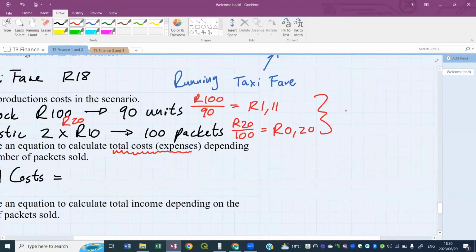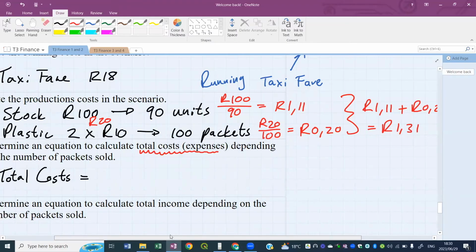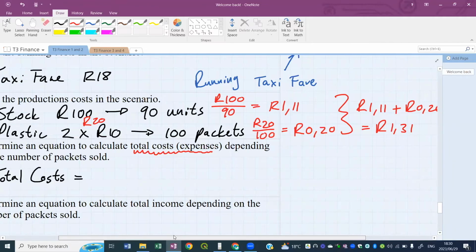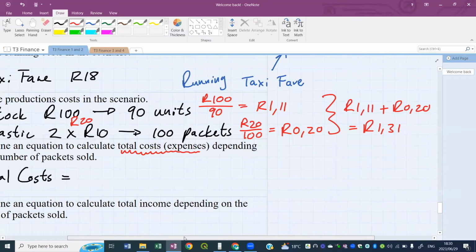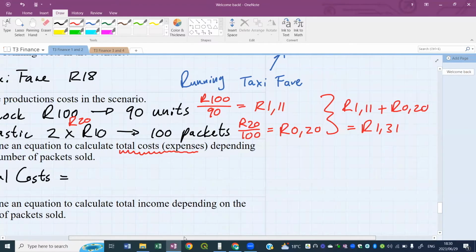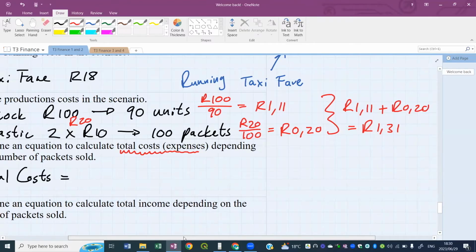So it's 1 Rand 11 plus 20 cents. That gives me 1 Rand 31. That's how much it costs to produce 1 packet of cupcakes: the materials needed to fill 1 packet and the packet that holds it. It's 1 Rand 30 per packet.